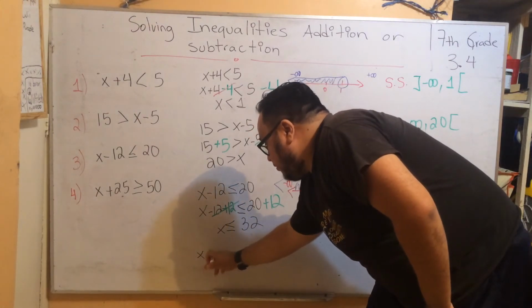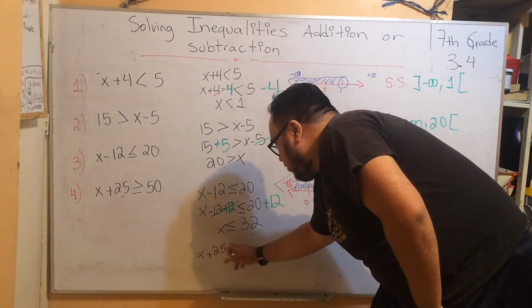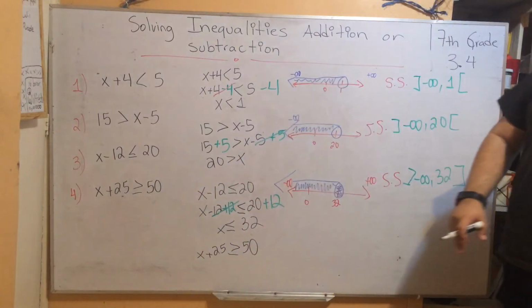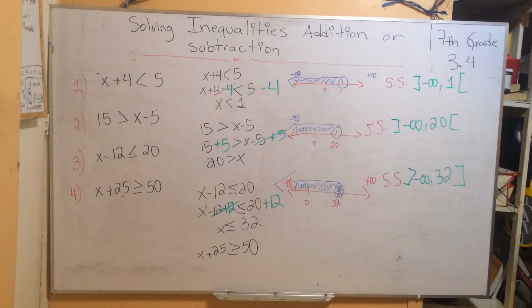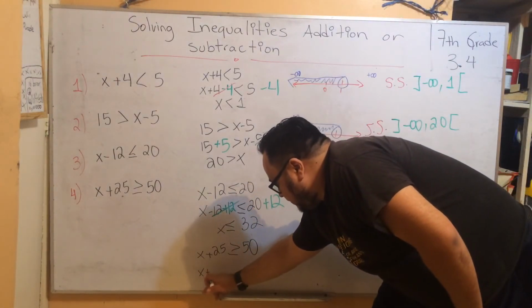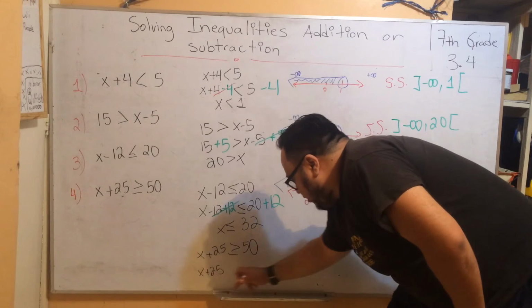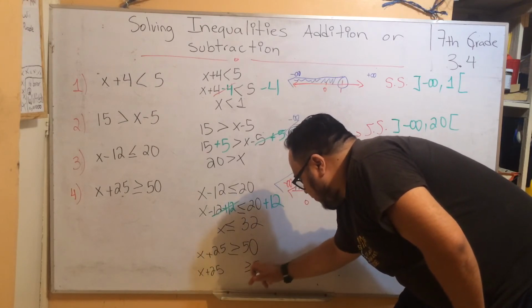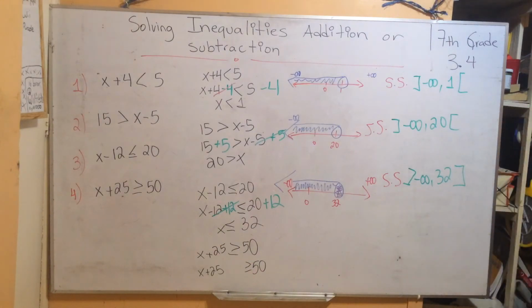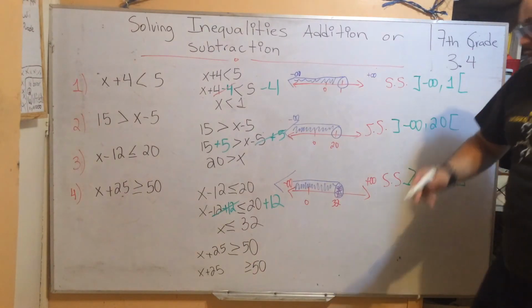X plus 25 greater than or equal to 50. So we do the same work. We leave some space so that we can work here. And we're looking to leave x alone, right?